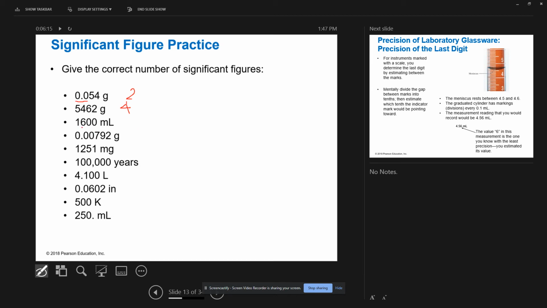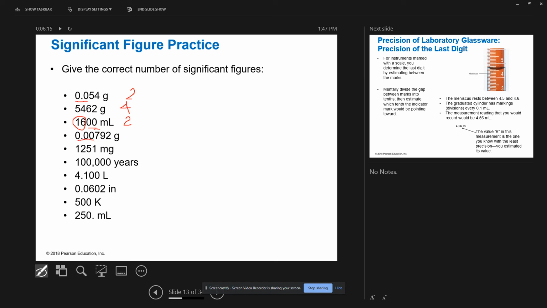1600, there's no decimal, so these are trailing zeros. Because there's not a decimal, they do not count. So I have 2 significant figures, which is just these 2. This one, decimal number, I have leading zeros. Those are just placeholders.